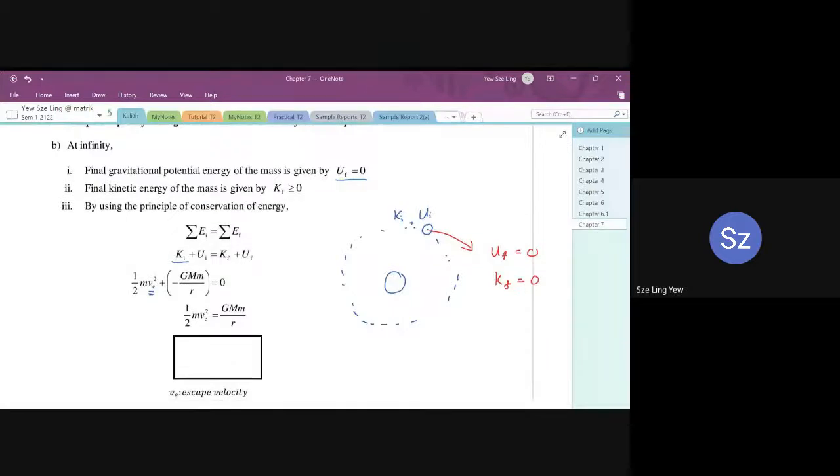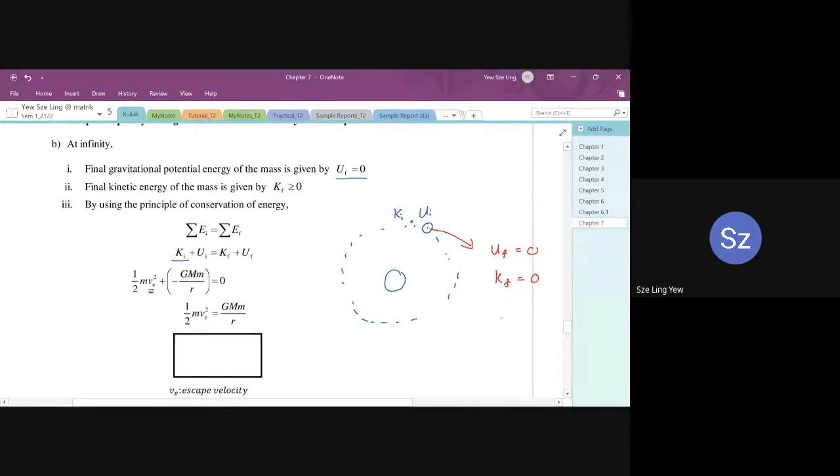Why? Because when it leaves the planet, we can assume v is very, very small, as there is no force causing the object to move anymore. It might just be floating in space. So we assume it is close to 0. Therefore, in our calculation we substitute it as 0 plus 0.